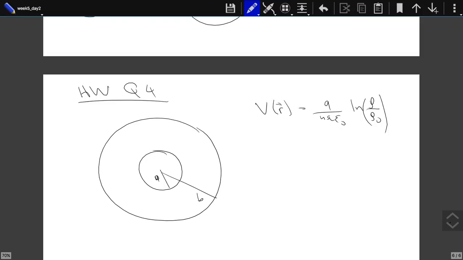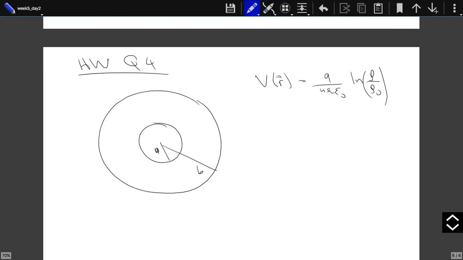In the question, you were given that the potential at the center is taken to be 0. What is the electric field inside the cylinder? 0.